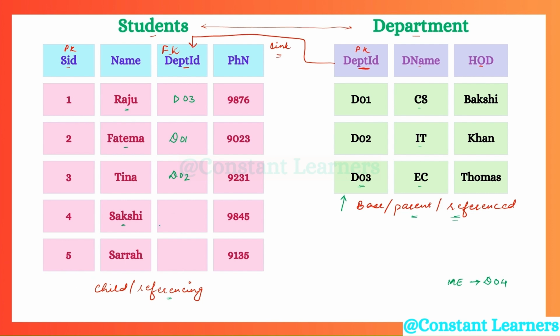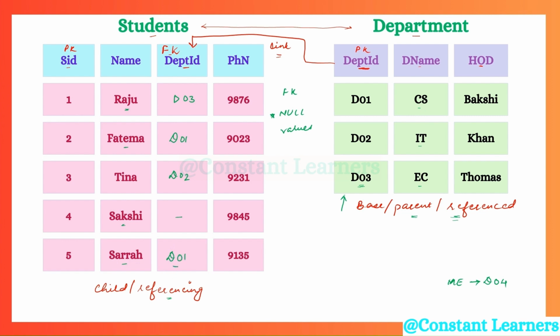So since Sakshi has not decided on her field yet, we are going to keep this cell as null. So what do we understand from this? That foreign key can accept null values. Correct? Now let's say Sara is also in the CS department. So here the department ID will be D01.